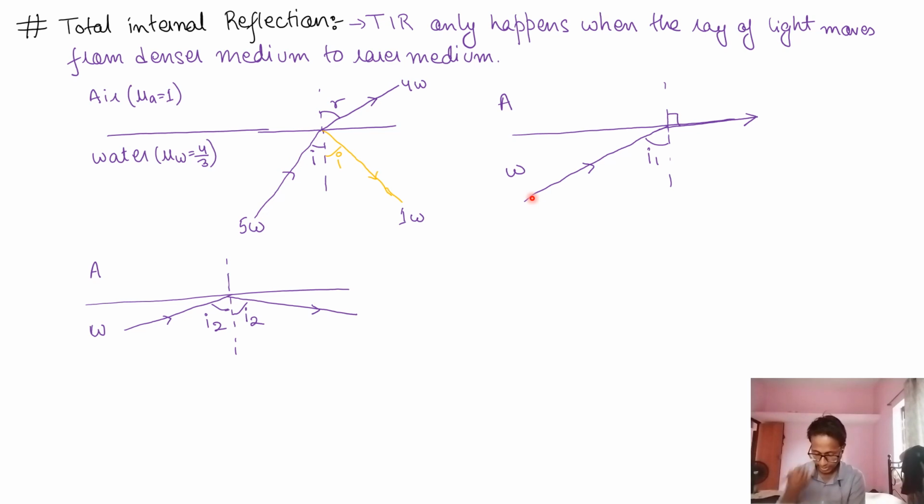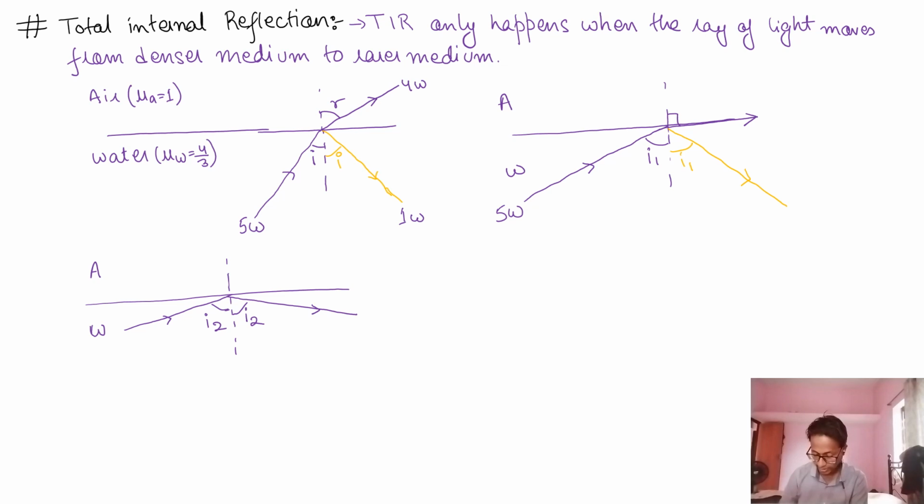Now see what happens when I go like this. Some amount of reflected ray comes back to the surface at I1. But this amount of reflected ray is very less compared to the refracted ray. Suppose I send 5 watt out here.